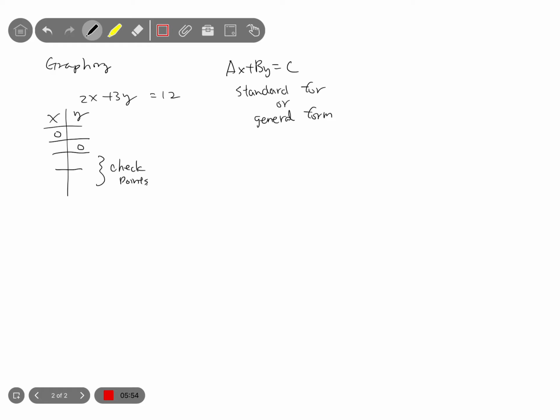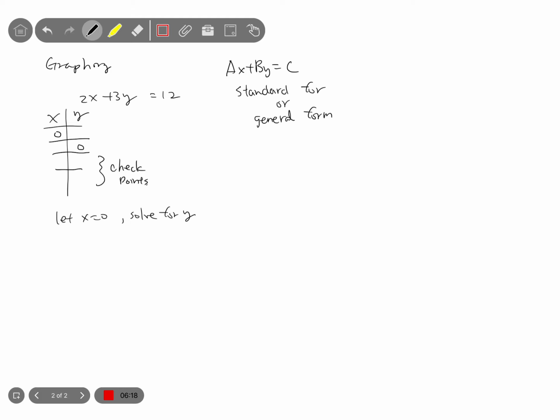If you have a point that's off the line, something is not right. That's why we usually pick 3 to 4 points. Let's get started. I'm first going to let x equal 0, and we're going to solve for y.